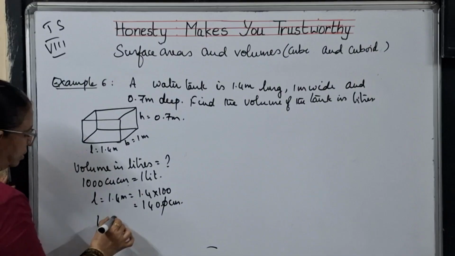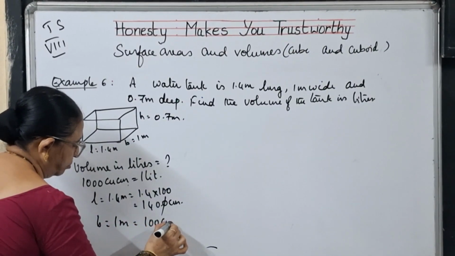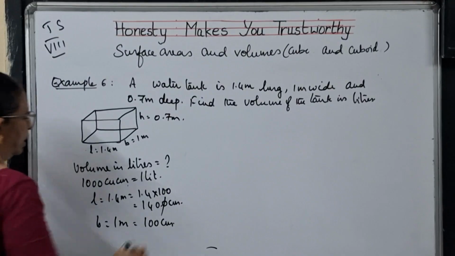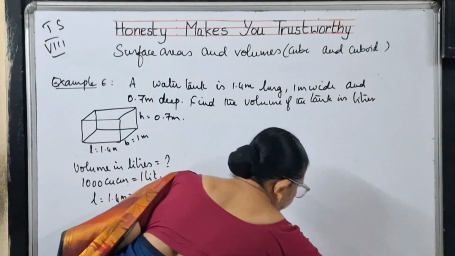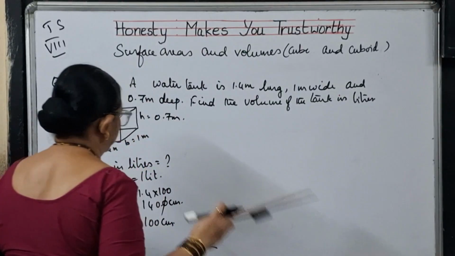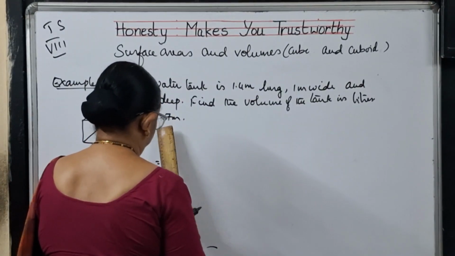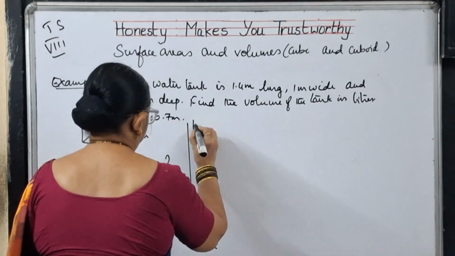And breadth is equal to 1 meter, that means 100 centimeters. And what is the height?